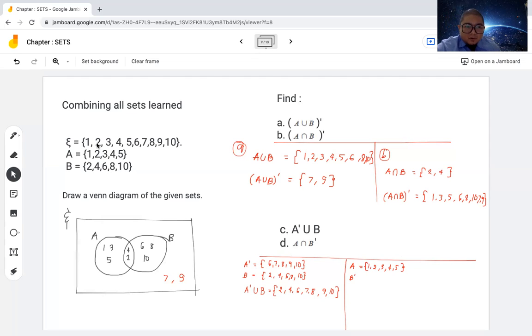To answer for the complement, I will refer to the universal set and find what elements can be found in the universal set that are not in the given set B. Since those are even numbers inside, we can just automatically write down the odd numbers that can be found in the universal set.